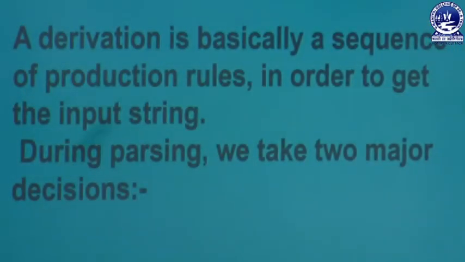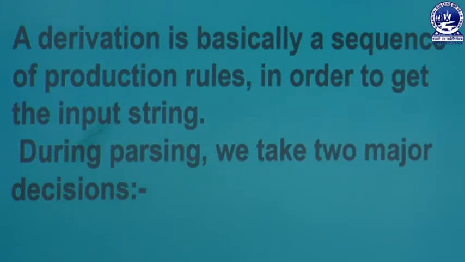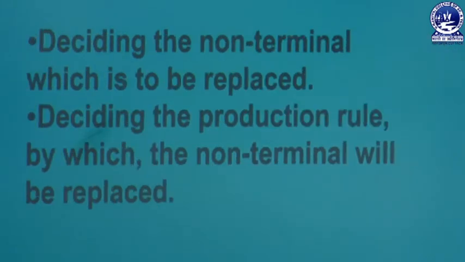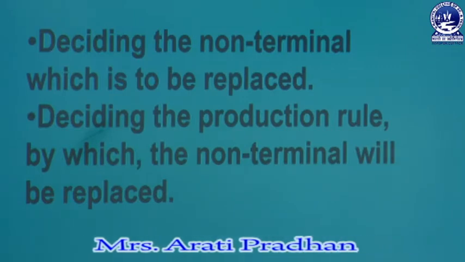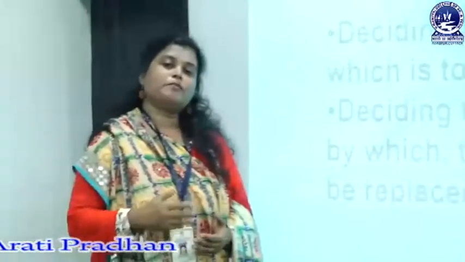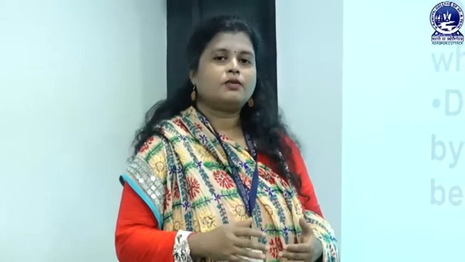Then the next one is, a derivation is basically a sequence of production rules in order to get the input string. During parsing, we take two major decisions: deciding the non-terminal which is to be replaced, and deciding the production rule by which the non-terminal will be replaced. Actually, the main important job of the parsing is to generate the parse tree according to the predefined grammar. And in order to generate the parse tree, it uses the derivation process.